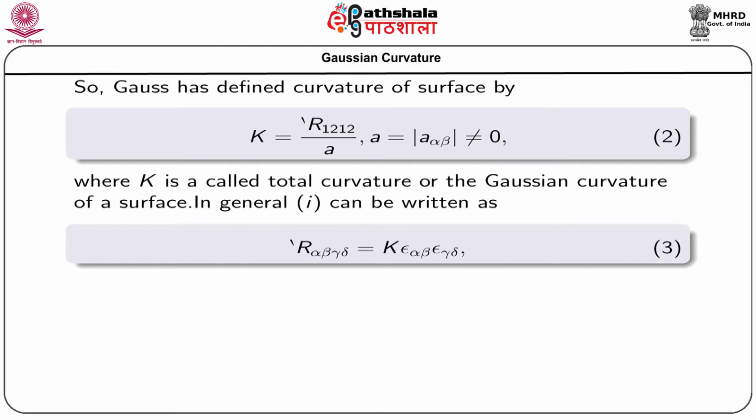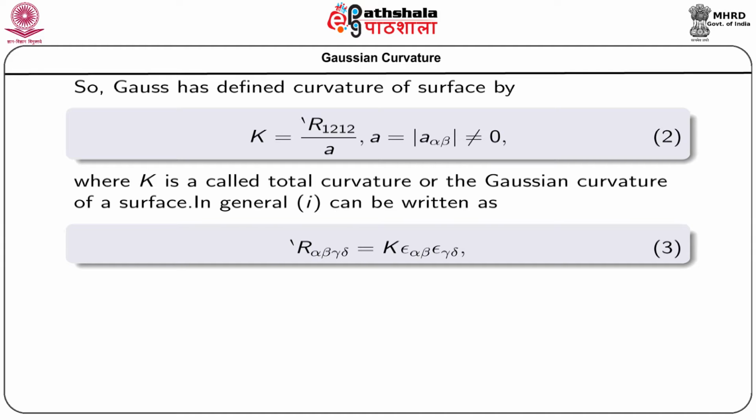In general, the above expression can be written as R' alpha beta gamma delta equals K epsilon alpha beta epsilon gamma delta.